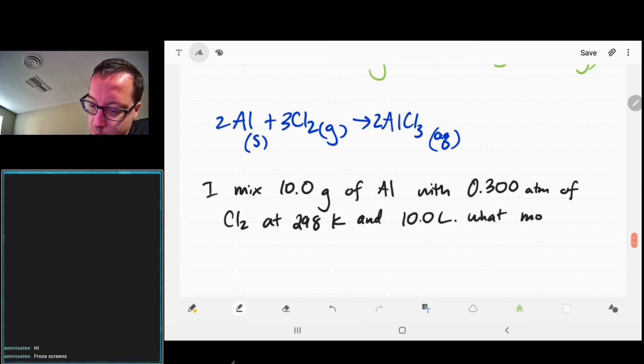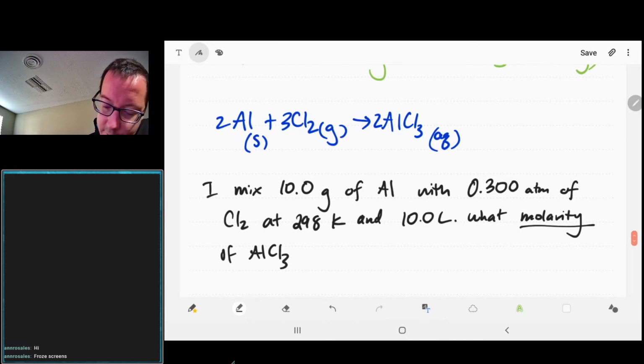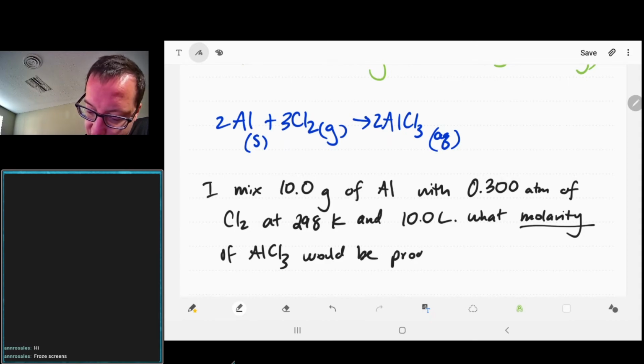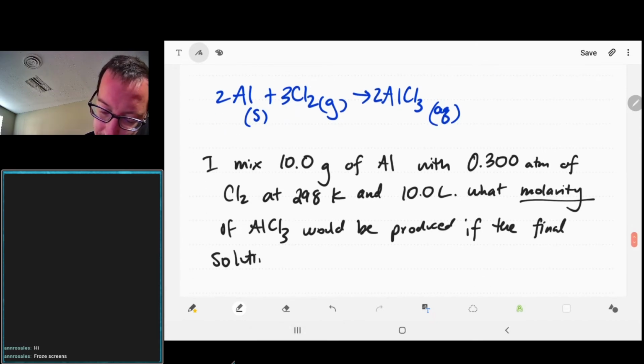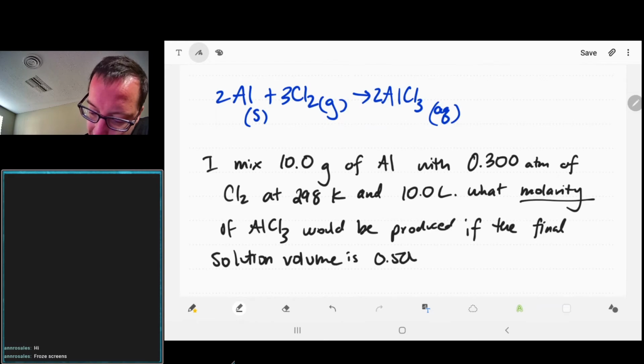What molarity of aluminum chloride would be produced if the final solution volume is half a liter? Okay, let's go from there.